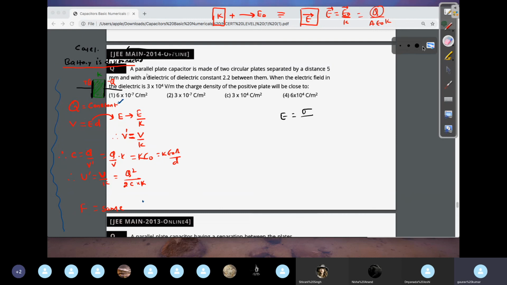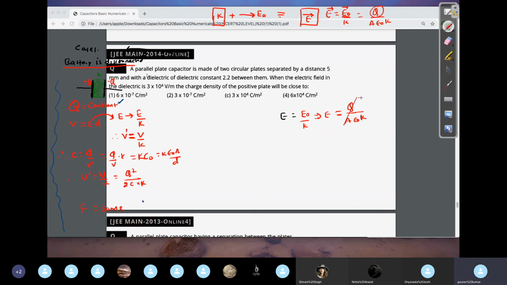Whatever the previous electric field you had here, divided by K. E becomes E naught by K. So from where, what is E? The E formula is sigma by epsilon. Sigma was Q by A, over epsilon naught into K. We will get this. K is the dielectric constant.